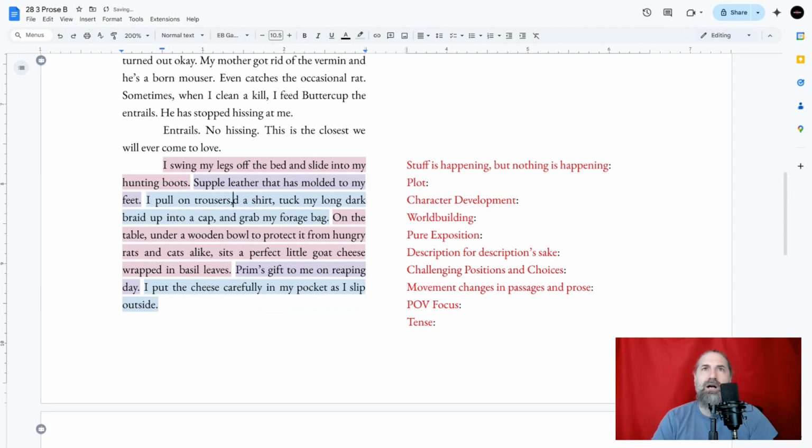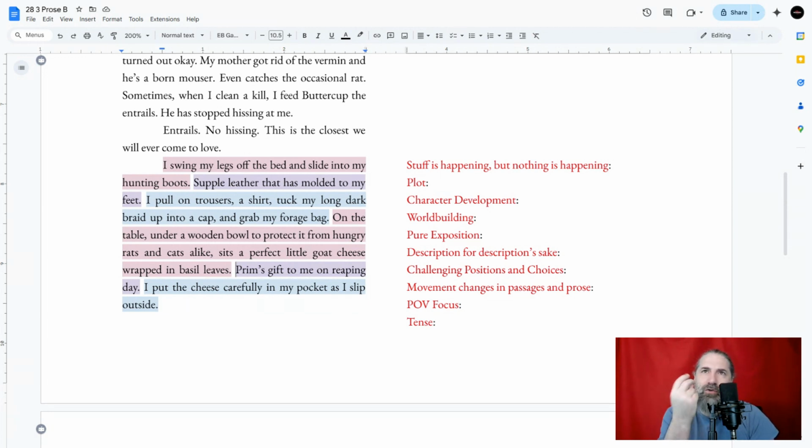But why did Suzanne Collins say the hell with that? And why did an editor ignore that? Because this is part of voice and storytelling, right? Sometimes grammar loses out to flow and movement. I pull on trousers, a shirt, tuck my long dark braid up into a cap, and grab my forage bag. Sometimes you just want to keep that movement.